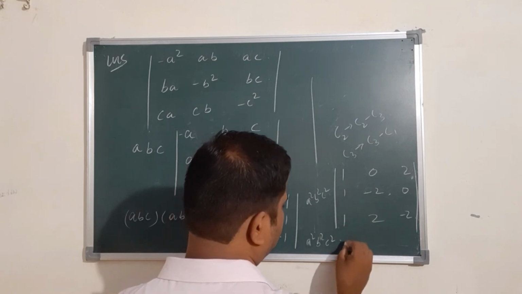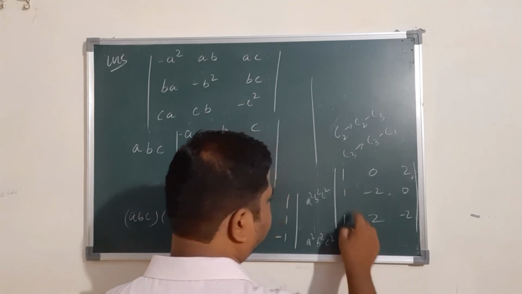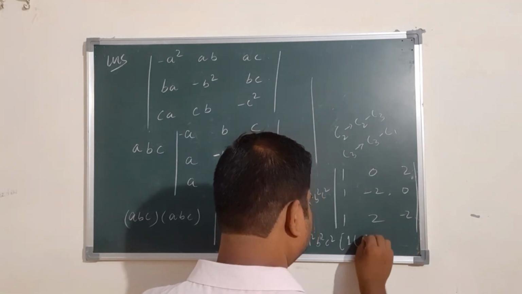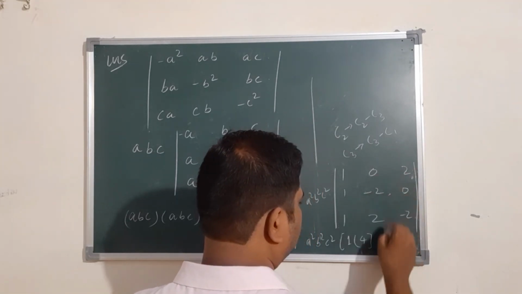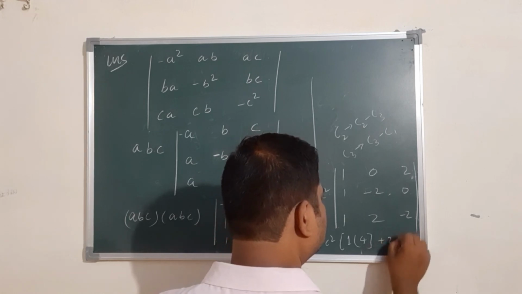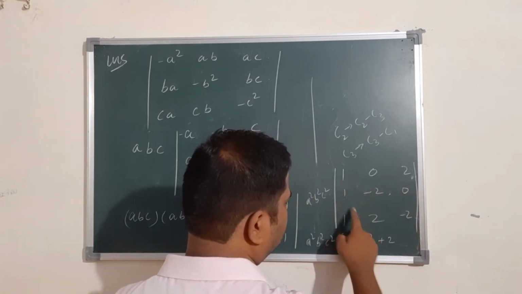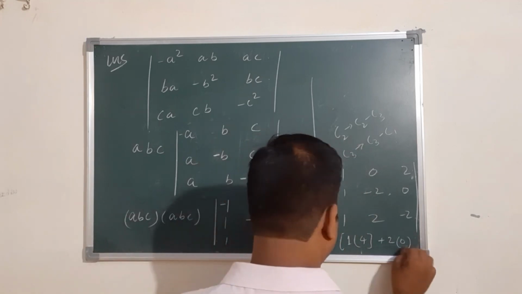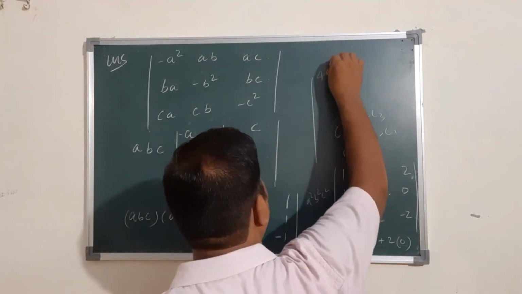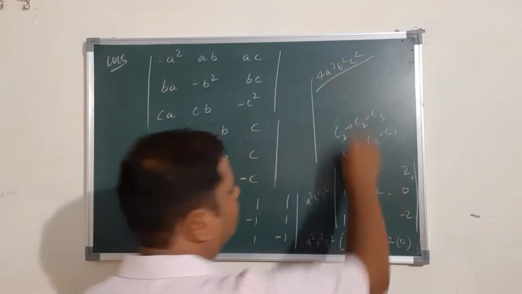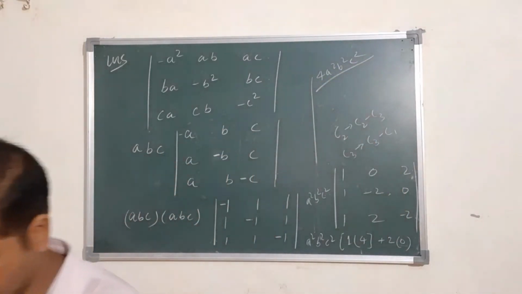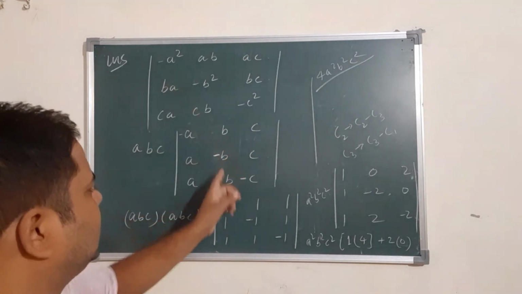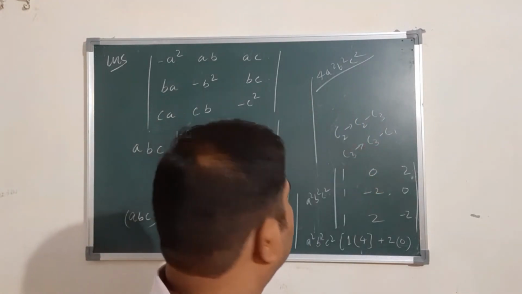Expand it: a square b square c square times 1 into, giving this particular 4, and 0 and 2, with the other row and column 2 and minus 2 giving 0. So this becomes 4 a square b square c square. Only the minus sign was left out, that's why it was not coming.